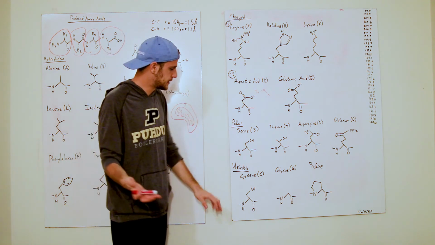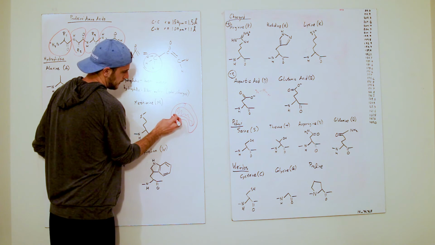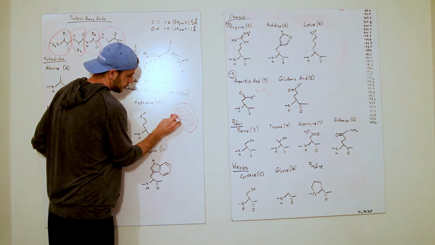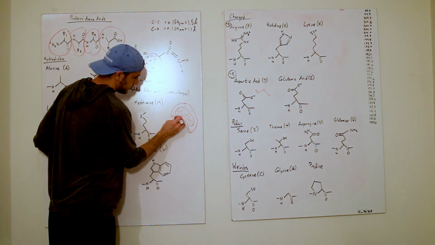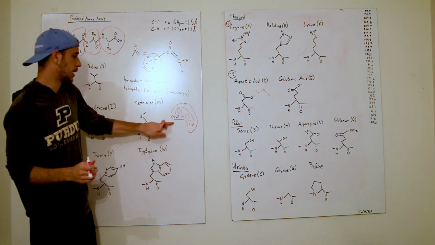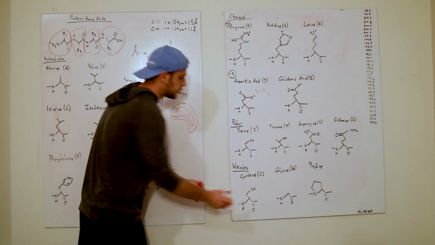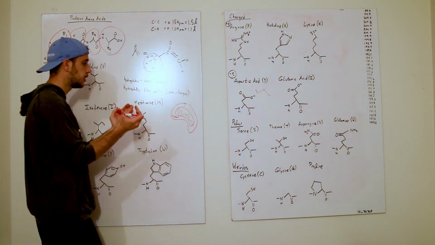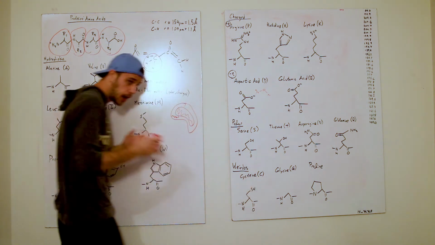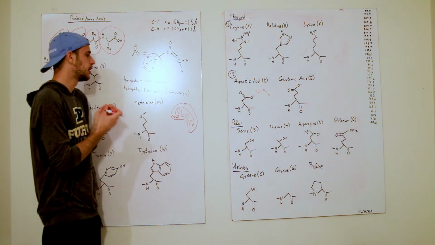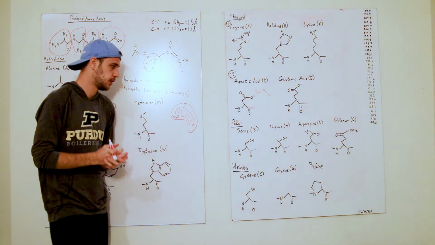Here's the reason: cysteine actually forms something called a disulfide bond, such that this hydrogen gets removed, and two of these guys get really close together, and the sulfurs actually bond with each other inside and help the structural formation of the protein itself.